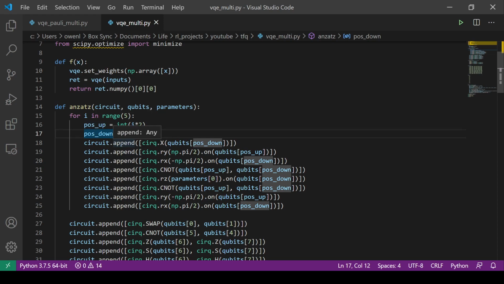So for each sort of mini circuit that I simulate in one circuit, first we apply X to the, I just refer to them as down and up because 0 and 1 gets confusing when I'm used to the other way. So we do the X on the bottom circuit, and we rotate Y on the top, rotate X on the bottom, and then we can do the C0 gate, controlled by the up on the down, and then here's the one parameter.